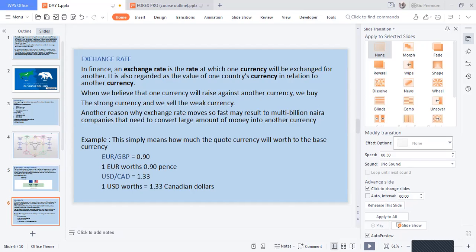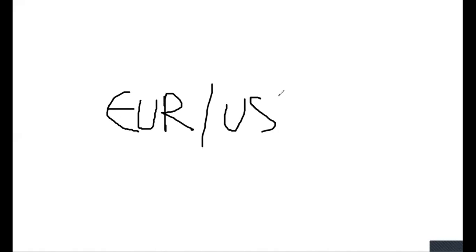Now, let's go to my screen. I'll be giving a very good example here. Let's say you have a pair, which is EUR/USD. Let's say Euro is 600, I'm assuming, please. And USD is 400.